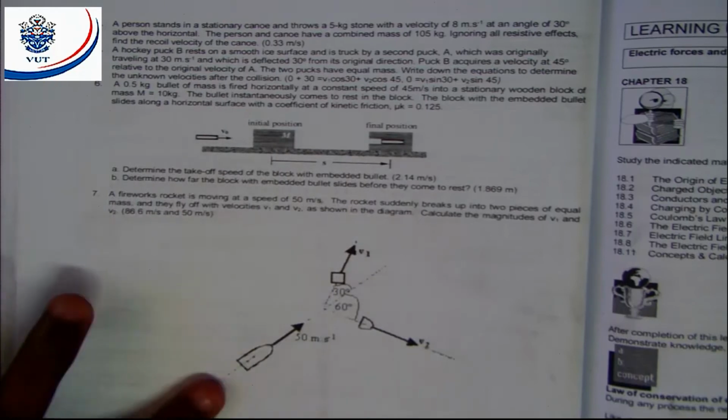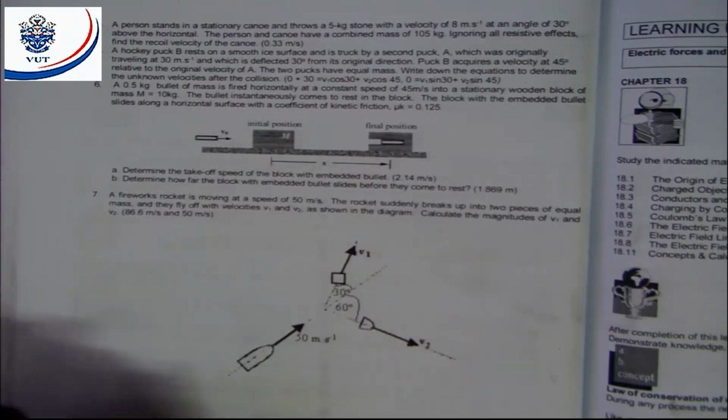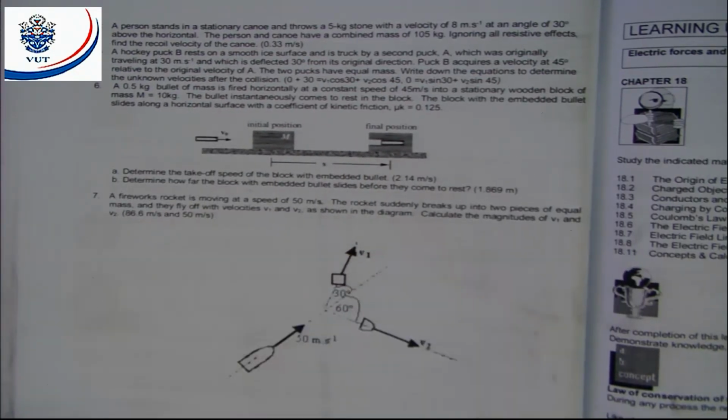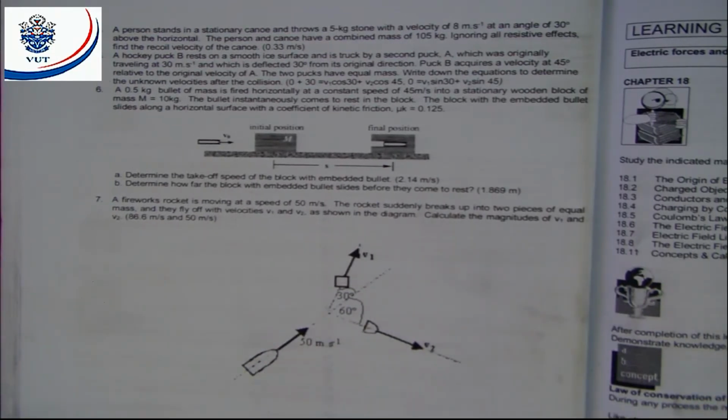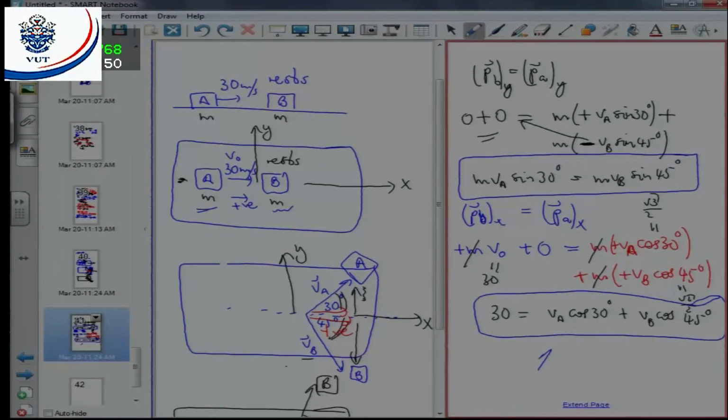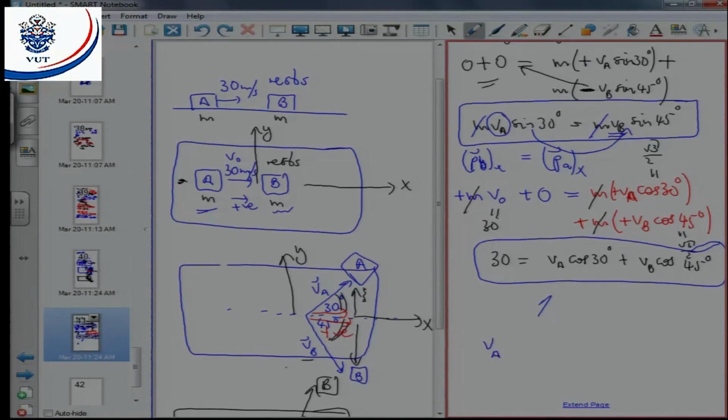And then again, it's conservation of momentum in the x direction and conservation of momentum in the y direction, and then you will be able to solve v1 and v2. So just like here, if you check this equation, I can write, okay, here I should have cancelled the m's. I can write VA in terms of VB, and then by doing what? By dividing by sine 30. So then we would learn that VA equals VB sine 45 over sine 30.